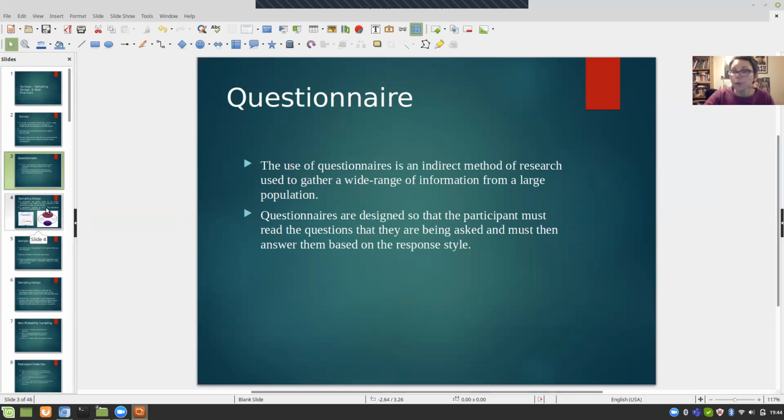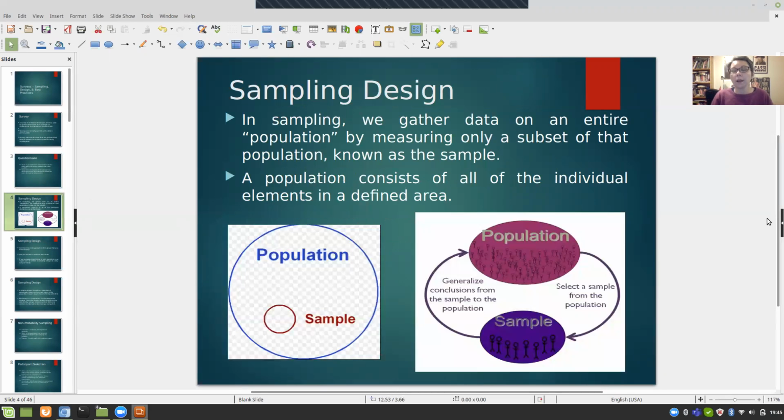But before you even begin to think about how you're going to design your questionnaire, aka your survey questions, you have to think about who, right? Because it's not going to be useful if you don't get the right sample of the population. It's going to make your results have to go totally out the window if you didn't have enough people, or if it wasn't representative of the population that you're interested in.